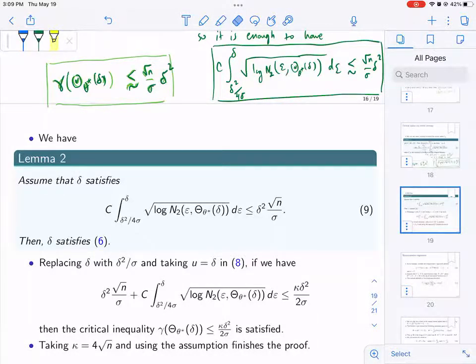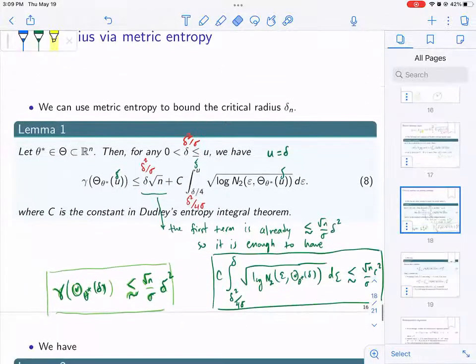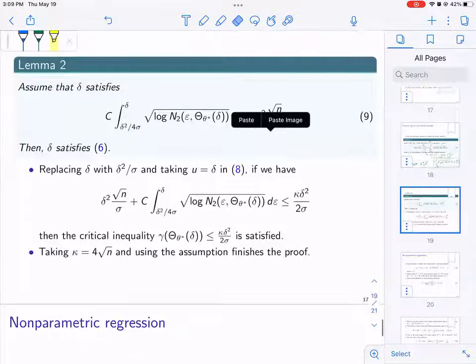It's a little bit tricky, but if you go through it, once you have this, then you reparameterize. This holds for any delta and u. There are probably better ways of doing it if you chose different notation here. But we replace this with this and u with delta, and this equation holds. Okay, so now remember this, we'll come back to this.